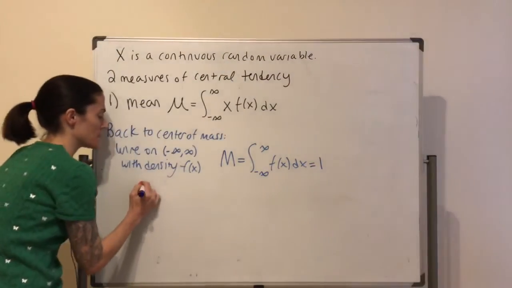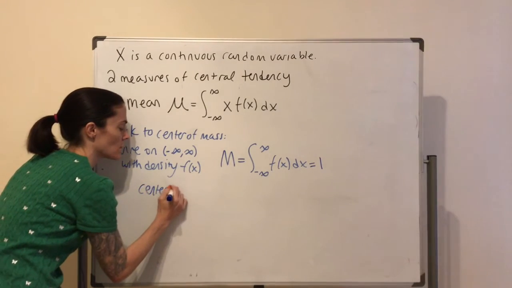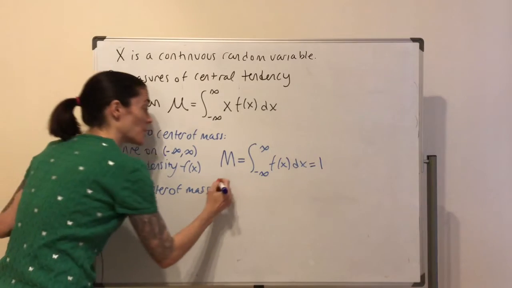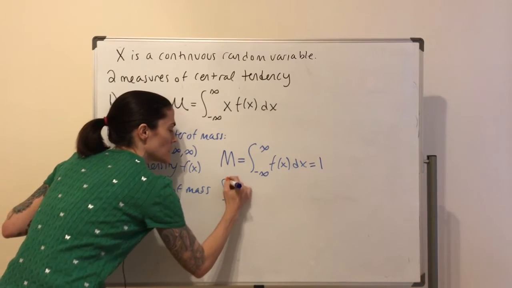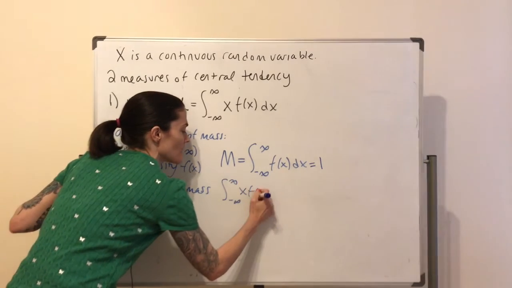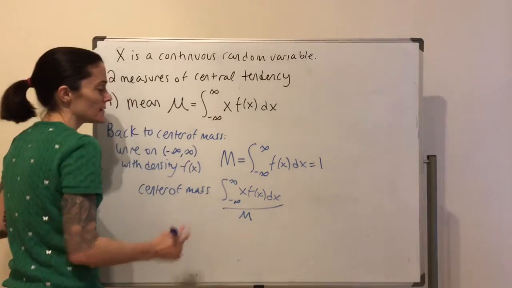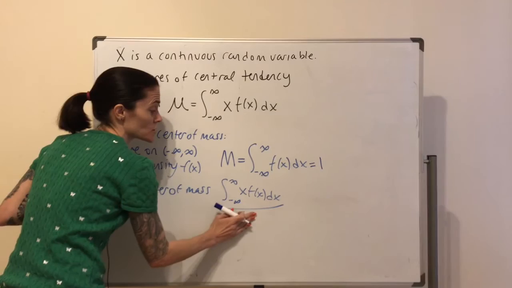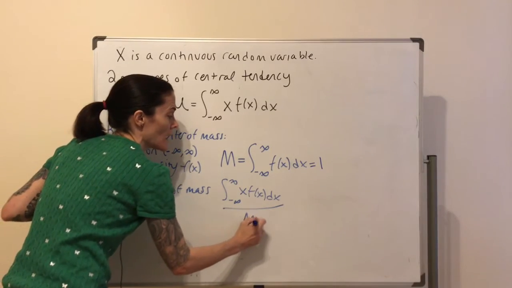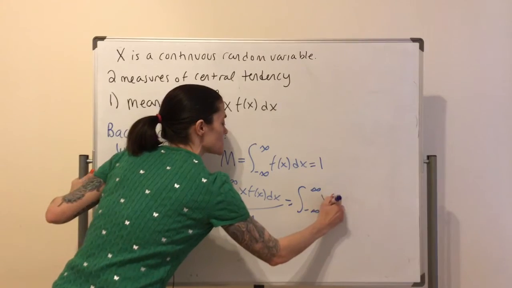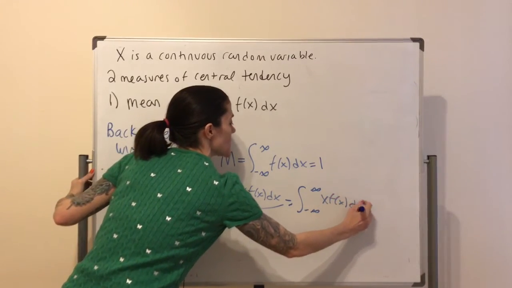And then if we want the center of mass for the wire, well, we integrate from minus infinity to infinity of x f(x) dx over M, this capital M. Try to make sure it doesn't look the same as mu. And this is just this, the integral of x f(x) dx.